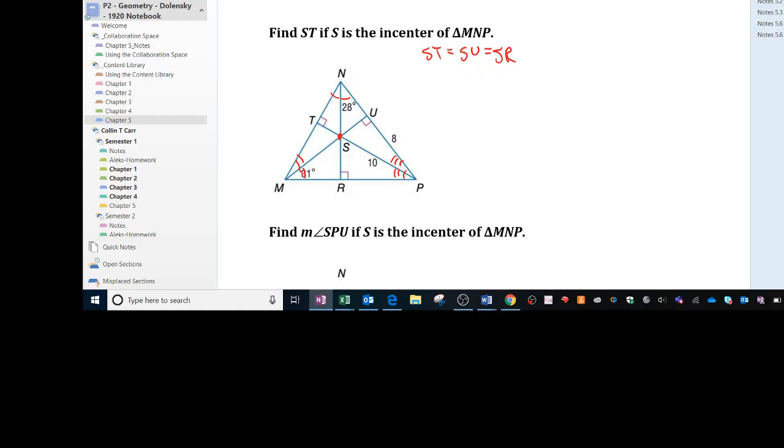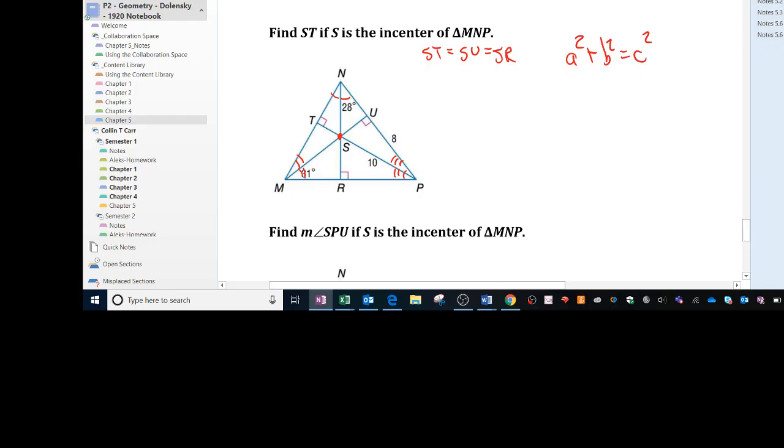I don't think we've really talked about it, but what's the Pythagorean theorem? A squared plus B squared equals C squared.